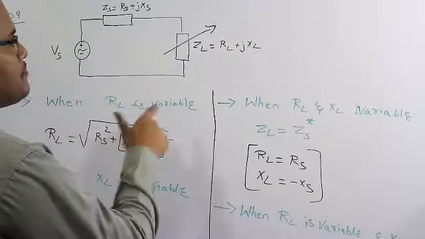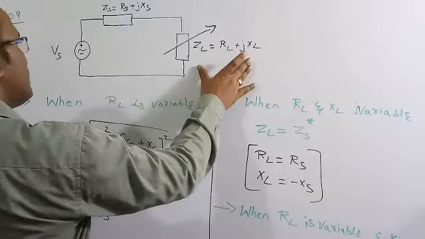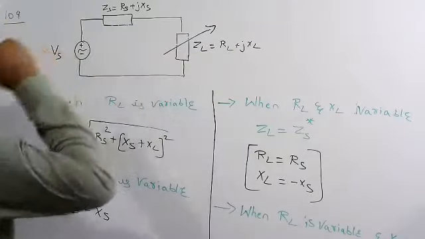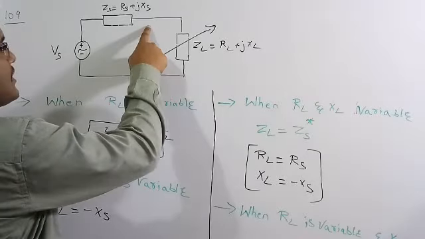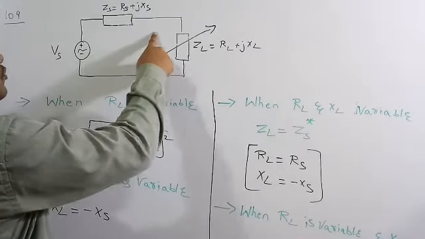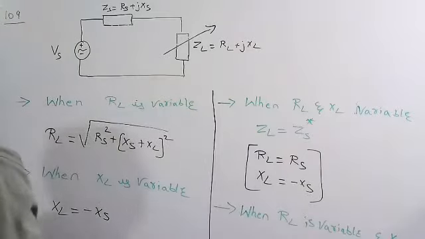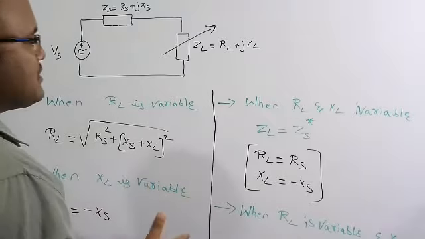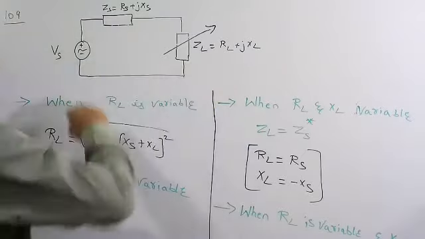Then only the maximum power transfer will be applicable. Suppose ZL is a fixed value and Zs is variable, then always choose the minimum Zs, so that the current in the circuit will be maximum. Therefore the power transferred to the load will be maximum because the current is maximum. So the maximum power transfer theorem is applicable when ZL is variable and Zs is a constant value.